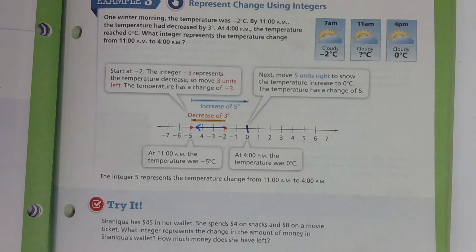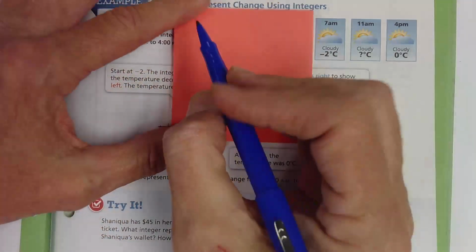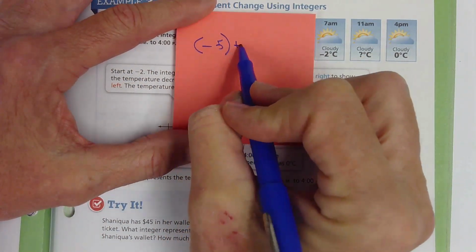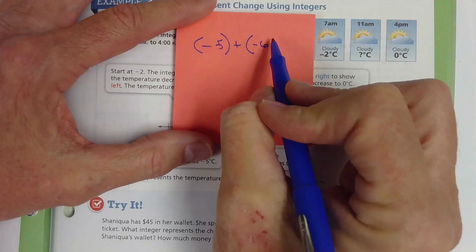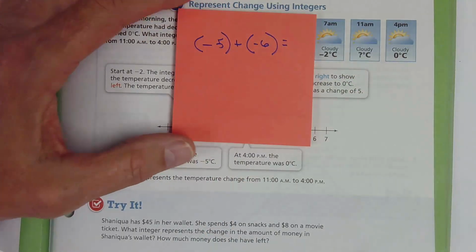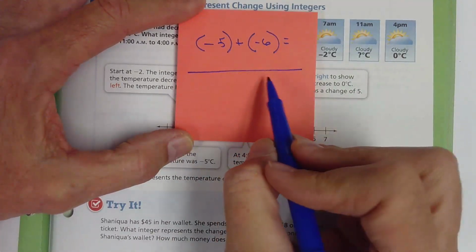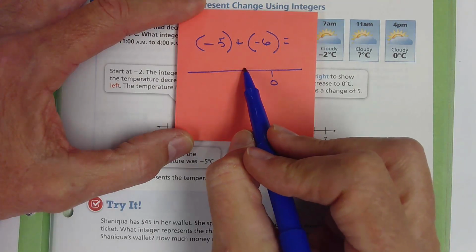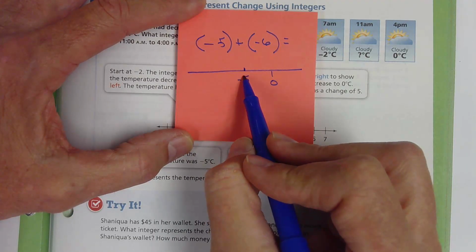All right. So let me show it to you in sort of an equation form. If I said -5 plus -6 equals, here's my number line. I'll just put a 0 right here, and let's say this is -5.